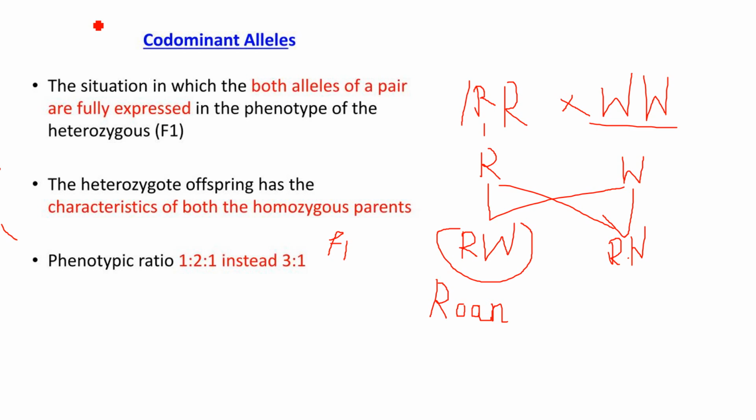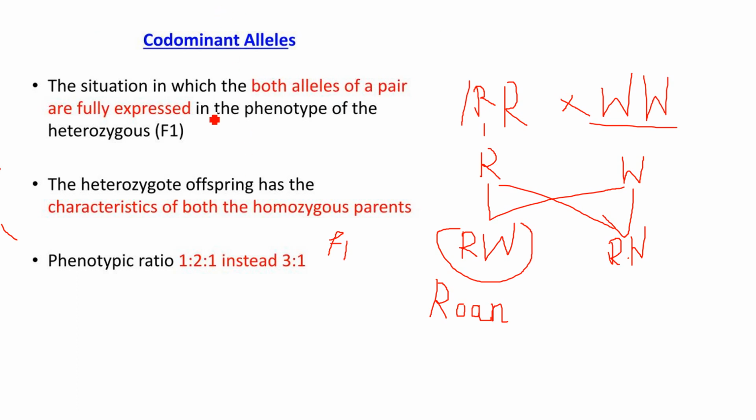While in the F2 generation, which is produced by the interbreeding of roans, that is RR, RW and WW, these are produced in the ratio of 1:2:1. This is the F1 generation.